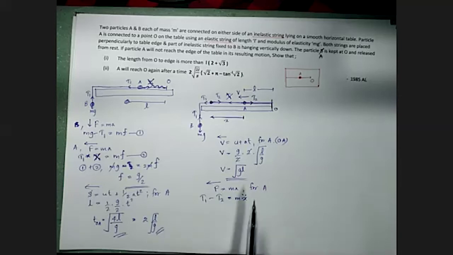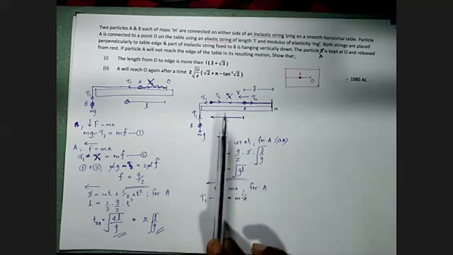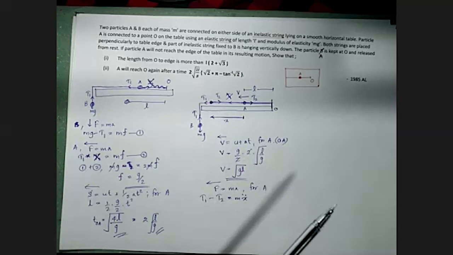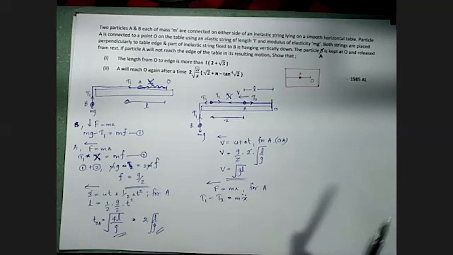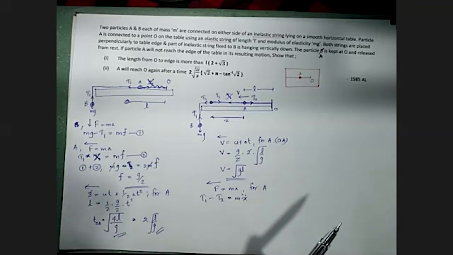Okay, I can write T2, because tension of an elastic string is modulus of elasticity into extension divided by its natural length. We know the modulus of elasticity. Is it given? Yeah, mg. Natural length is given, extension is x.